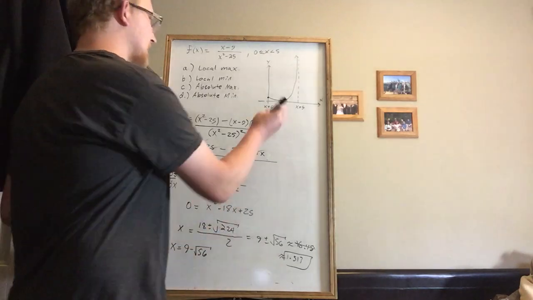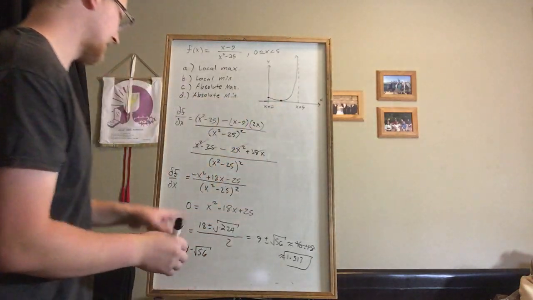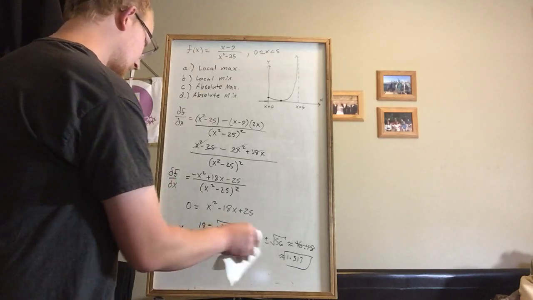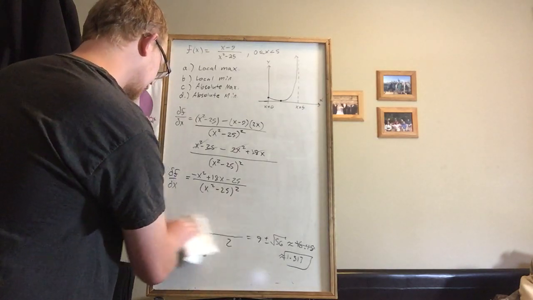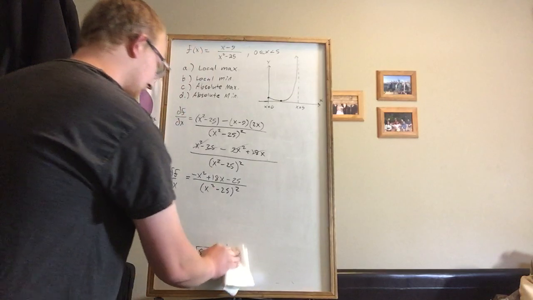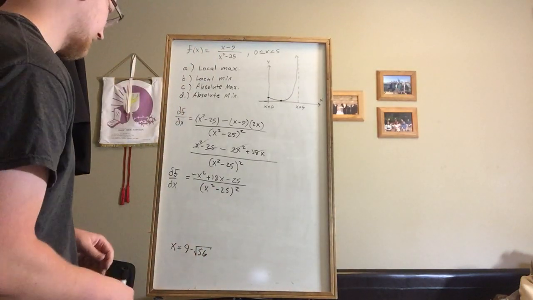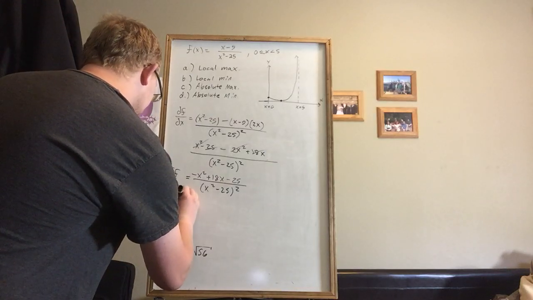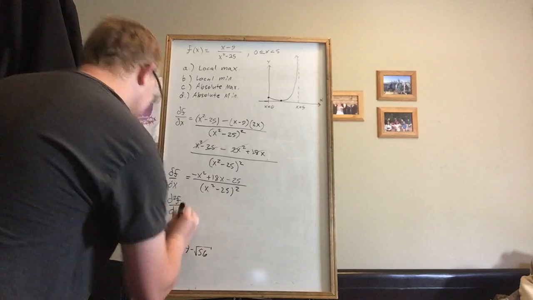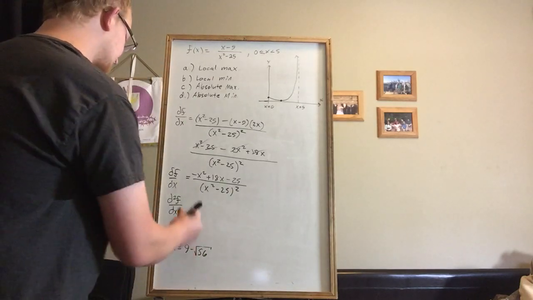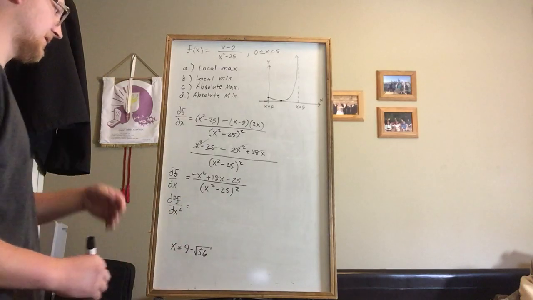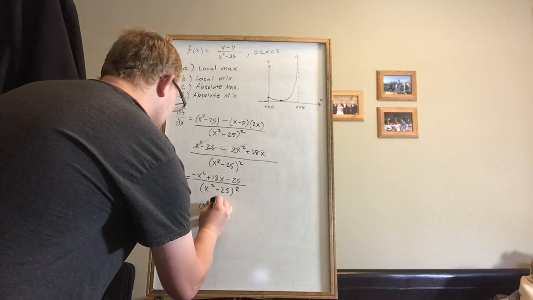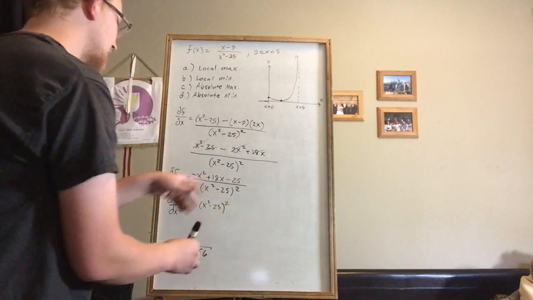And so, essentially, let's take the second derivative here. Let's get rid of this. I don't need this anymore. I've got my one critical value I calculated from that, which is 9 minus square root 56. So d2f, the second derivative of f with respect to x, so d2f divided by dx squared is going to, I'm going to use the quotient rule again, which is low d high, so x squared minus 25 squared, that's low d high.